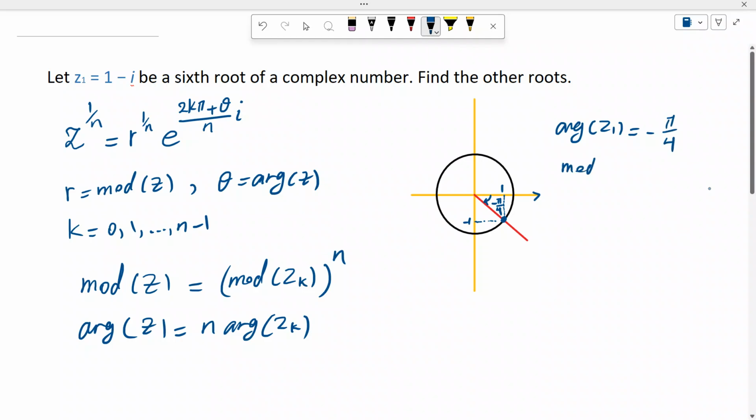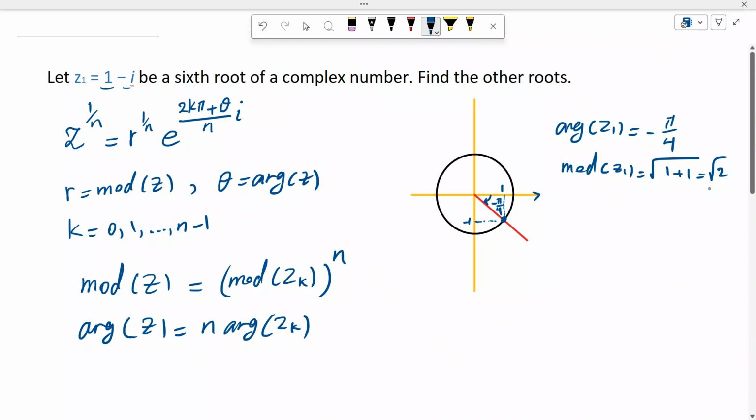And mod z1 is root of a squared plus b squared. a is 1, b is minus 1, so it is 1 plus 1, which is root 2. Now I can find mod z and also arg z.